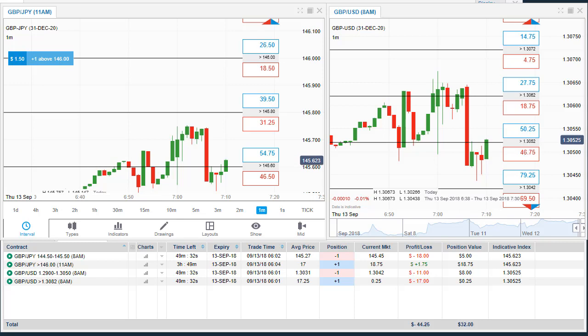Now, it doesn't mean that it will do it. It could be that the British pound yen actually makes the money, and the British pound dollar loses. In that case, you made 75, you probably lost 20, 40, 60, so you're only coming out with 15.